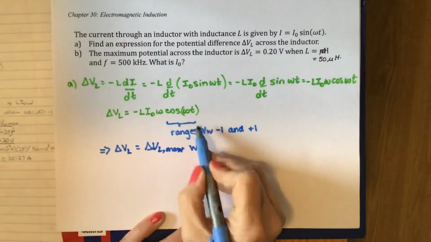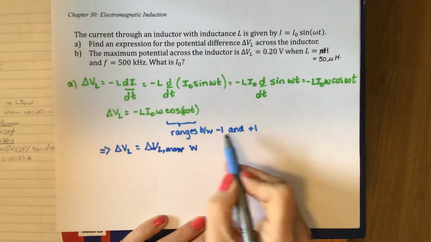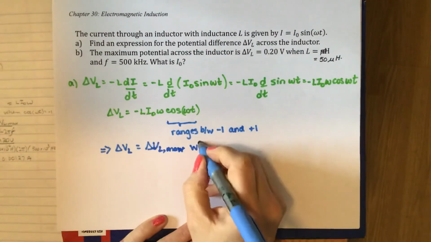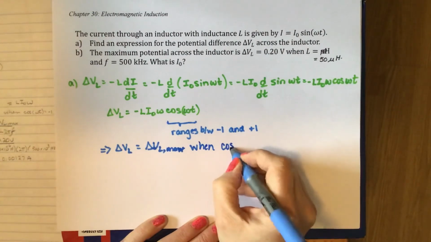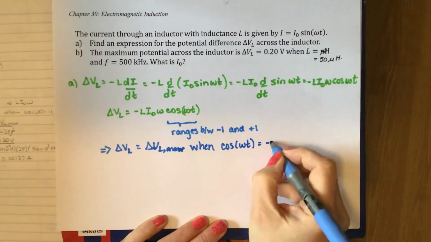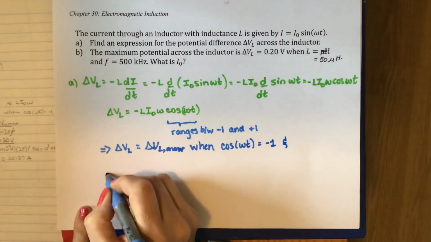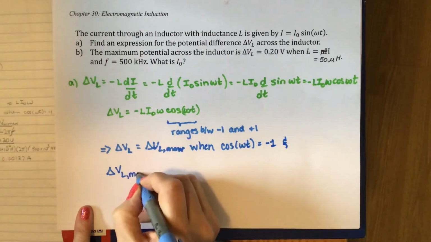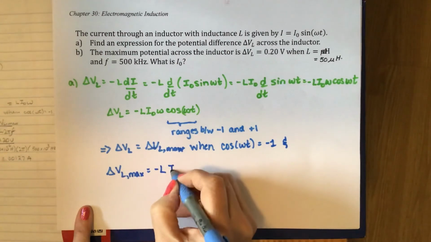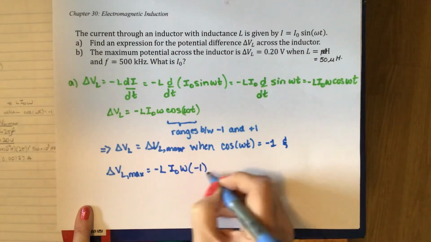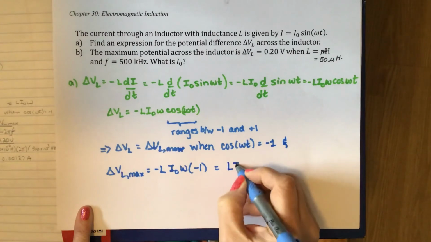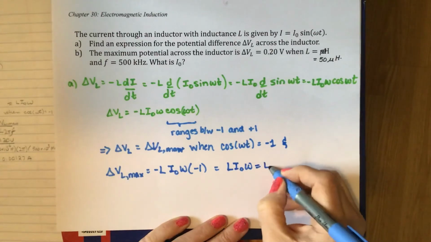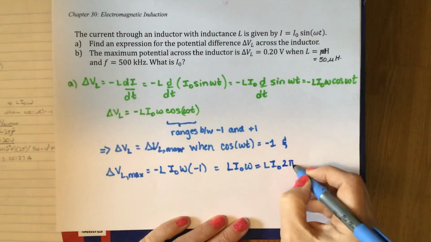That happens if your cosine function here is minus 1. I'm picking minus instead of plus because I want to use this minus 1 to cancel with this minus right here. So if cosine omega t is minus 1, then delta VL maximum equals minus L I0 omega times minus 1, which equals plus L times I0 times omega. And here we might remember that omega is angular frequency, which is equal to 2 times pi times f.